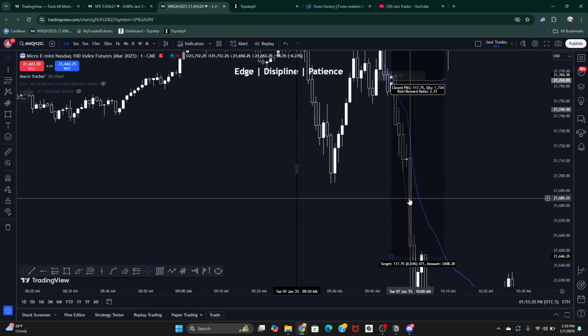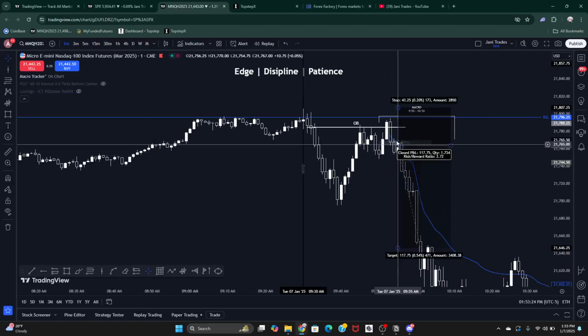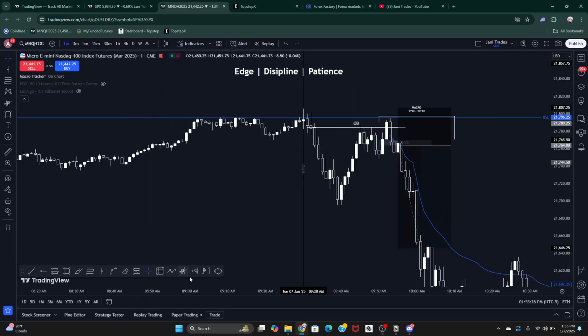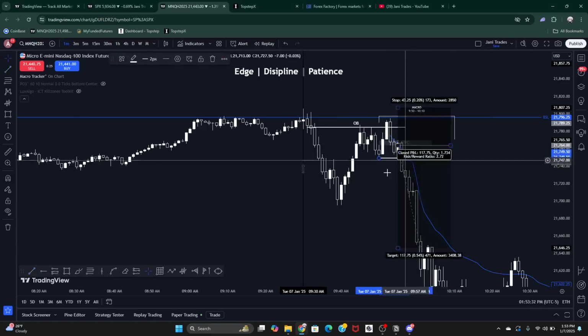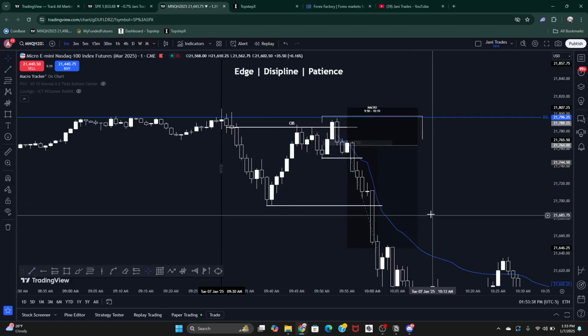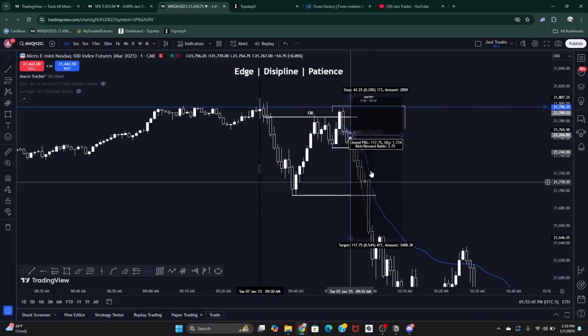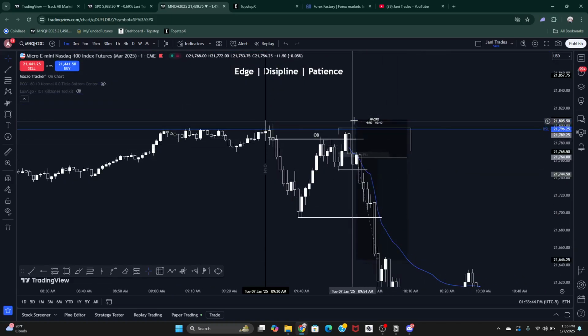This was a news 10 a.m. candle right here. And we just took this short off of this inversion fair value gap. And then what made me stay in this trade was this breaker structure here and this as well. So I stayed short and let the TP ride.